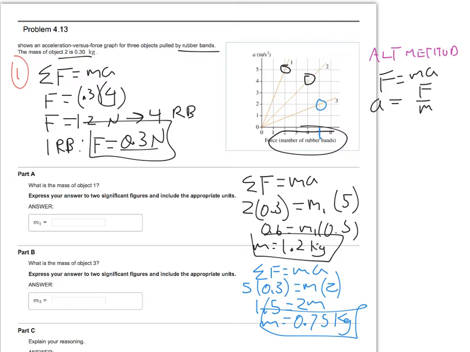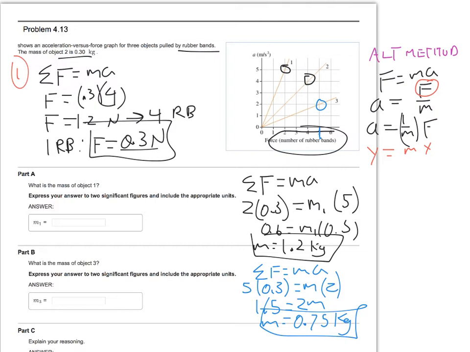And then I'm going to further isolate what's on the x-axis, which is force, by pulling out any constants. So we can say acceleration equals 1 over mass times the force. And that allows us to see what would be on the y-axis, what would be on the x-axis, and what the meaning of slope is.